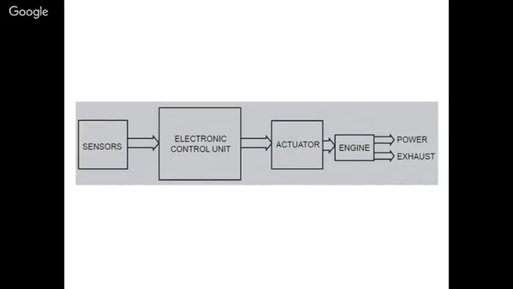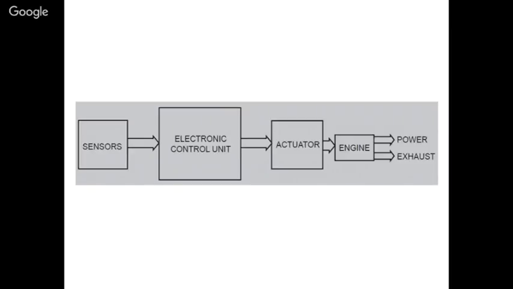Now in automobiles, this is a block diagram that we are showing. We have sensors which give their output to the electronic control unit. The electronic control unit will give the output to the actuator. The output will depend upon two things: first, the input from the sensor, and second, the logic that is there in the electronic control unit.